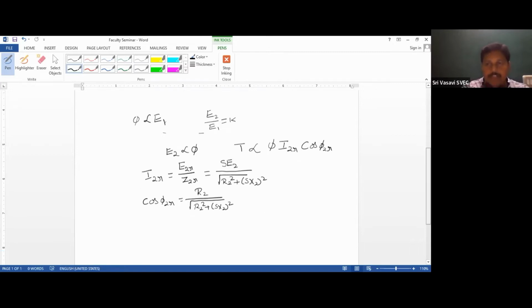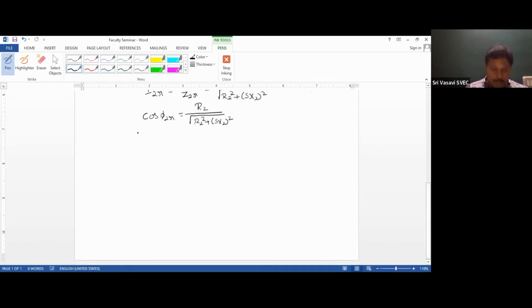So substitute these three equations in the torque equation. T is directly proportional to φ, which is directly proportional to E2, into I2R, which is SE2 divided by root of R2 square plus SX2 whole square, and cos φ2R equals R2 by root of R2 square plus SX2 whole square.